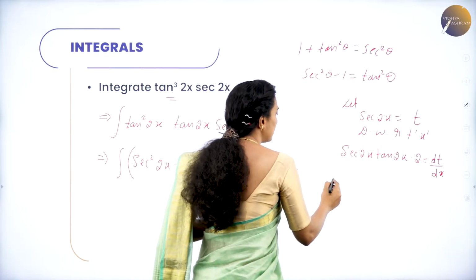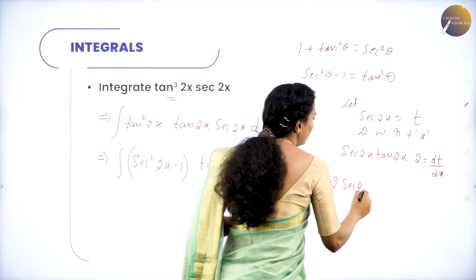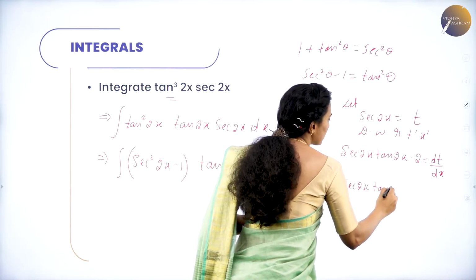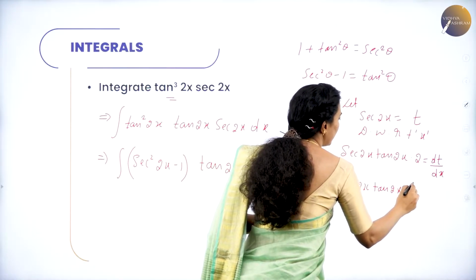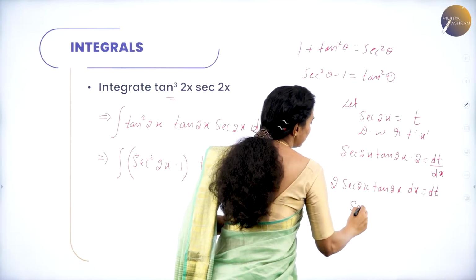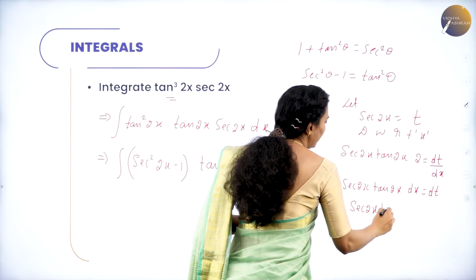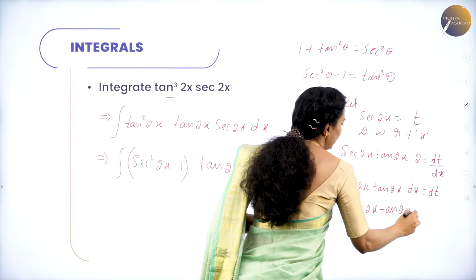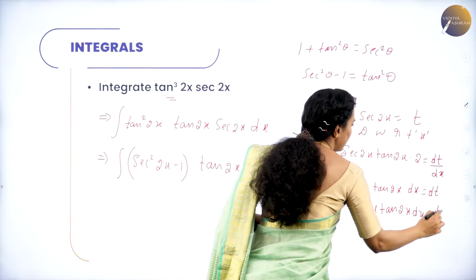Now, taking dx to this side, 2 into secant 2x into tan 2x into dx is equal to dt. Otherwise, secant 2x into tan 2x into dx is equal to dt by 2.